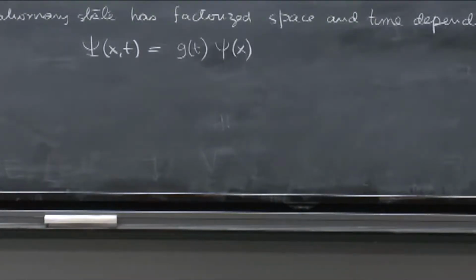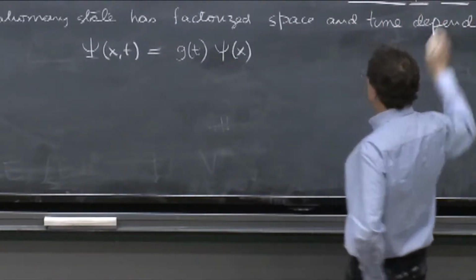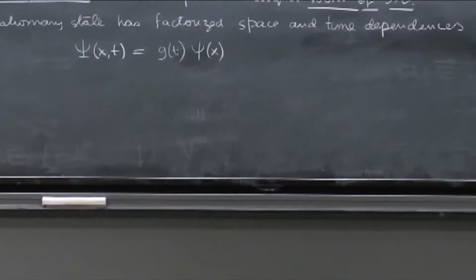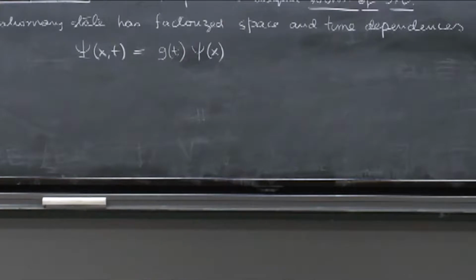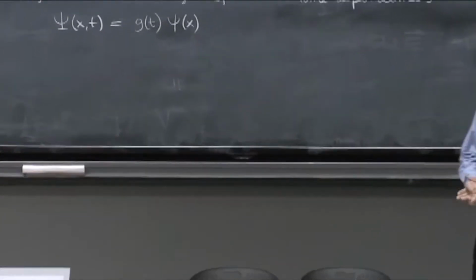So this is a stationary state, but the stationary state has factorized space and time dependence, and solves the Schrödinger equation. It's a solution of the Schrödinger equation. So what we need to understand is what this factorized dependence tells us for the Schrödinger equation.